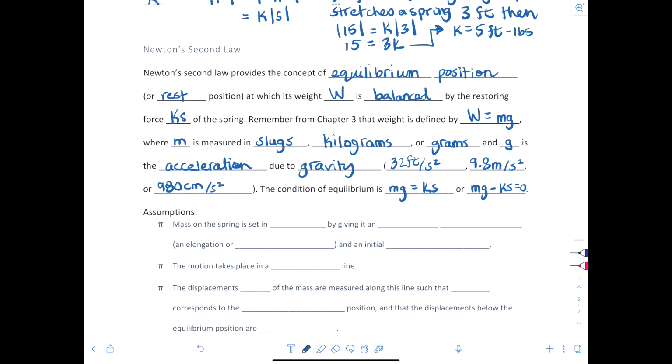Assumptions. The mass on the spring is set in motion by giving it an initial displacement, an elongation or compression, and an initial velocity.